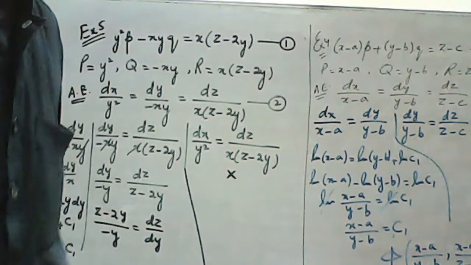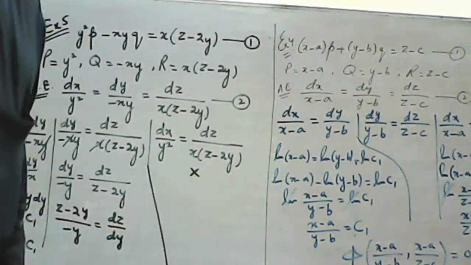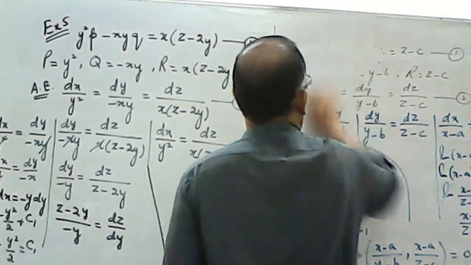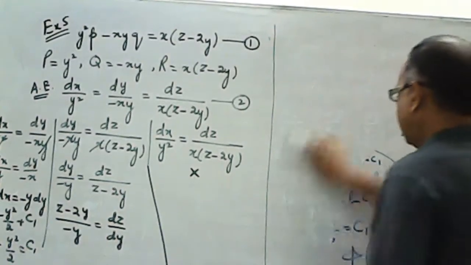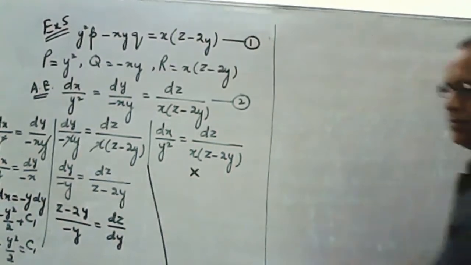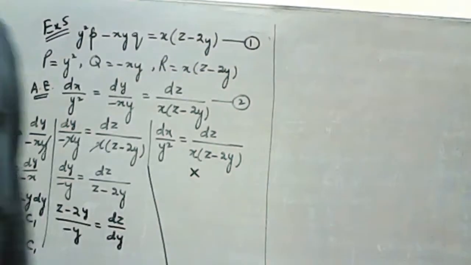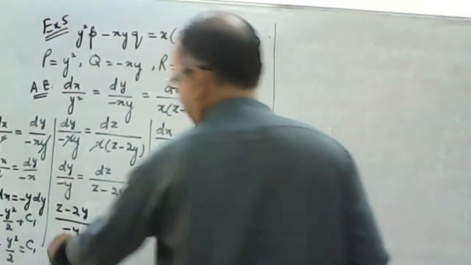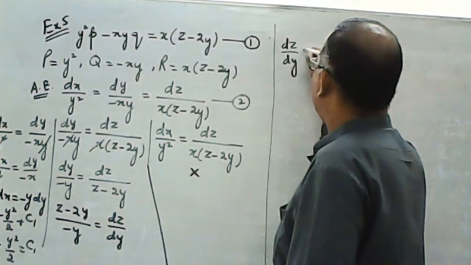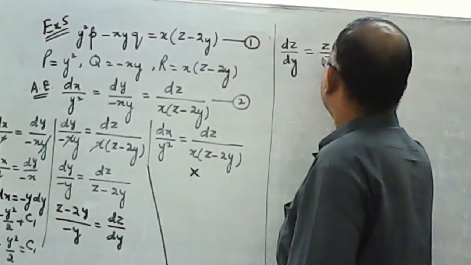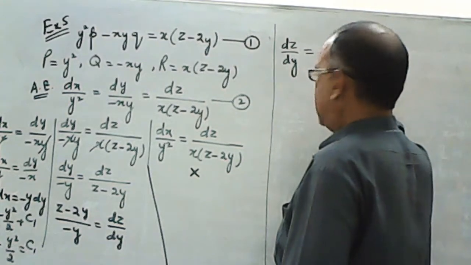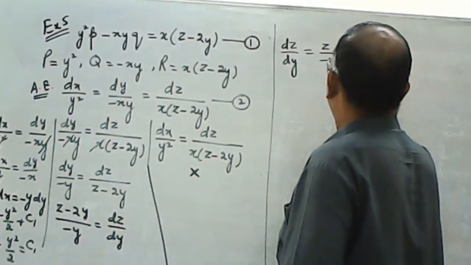Then if I split the numerator, dz over dy is equal to z over minus y plus 2y over y.